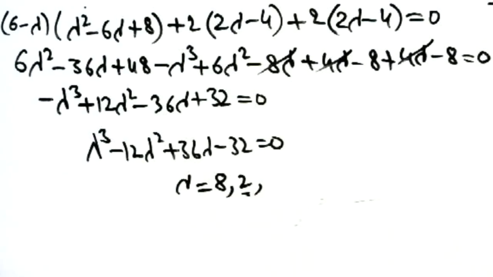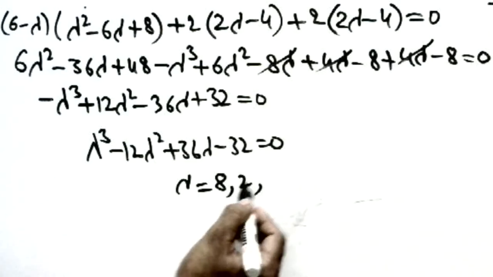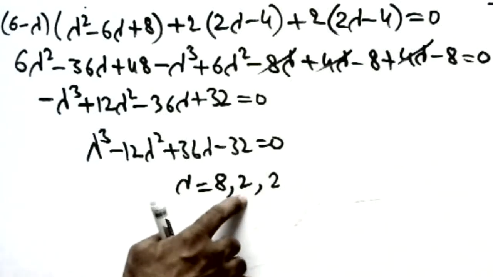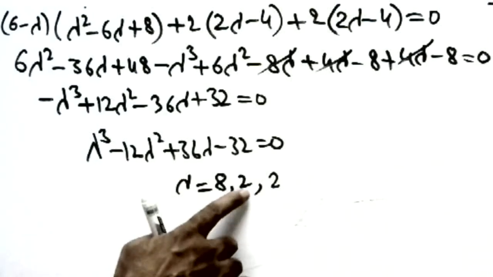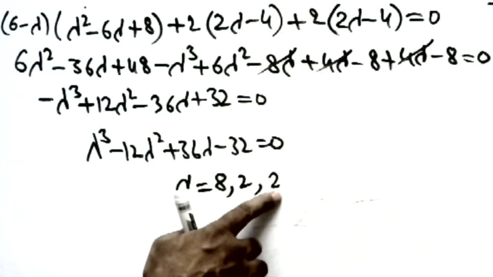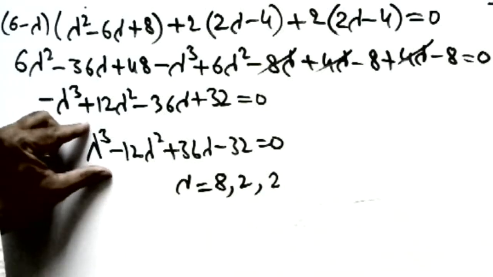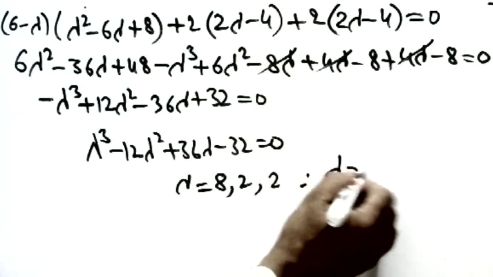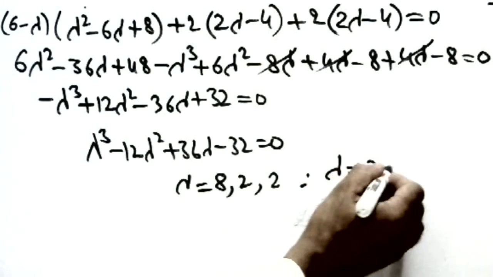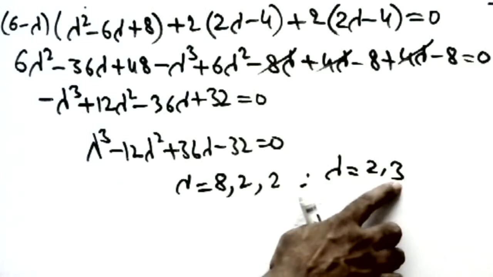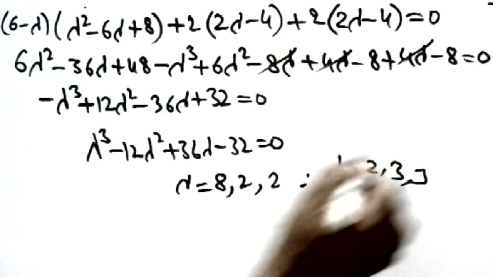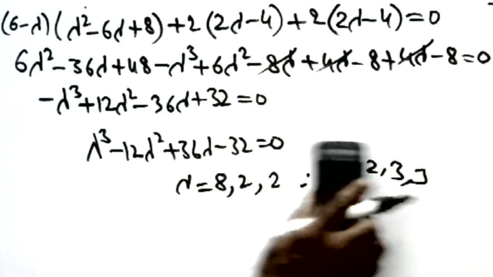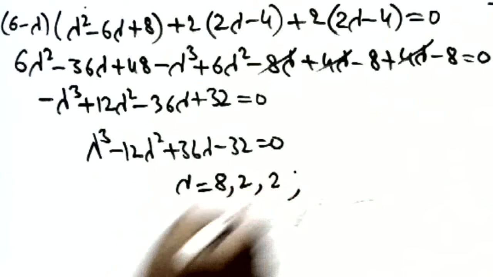That means the second value is repeating, so you have to write 2 again. This 2 is coming two times actually, but the calculator gives it only one time, so we have to take the other value also. Suppose the calculator gives only two values, like 2 comma 3, that means the second value is repeating and we have to take it two times. Okay, so now let me continue.